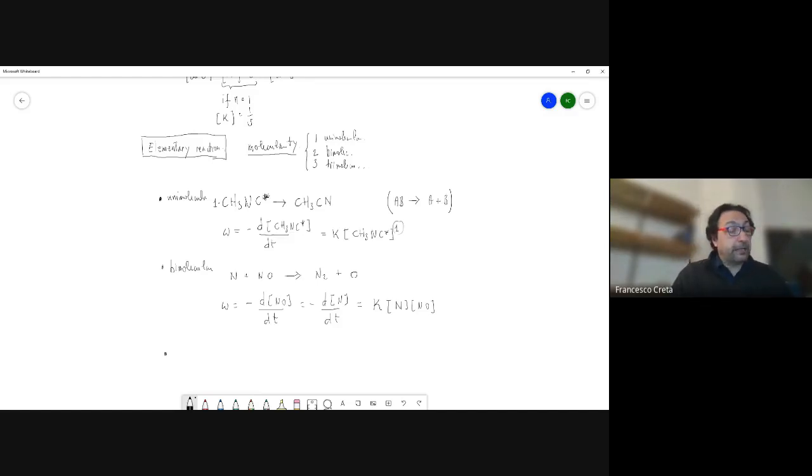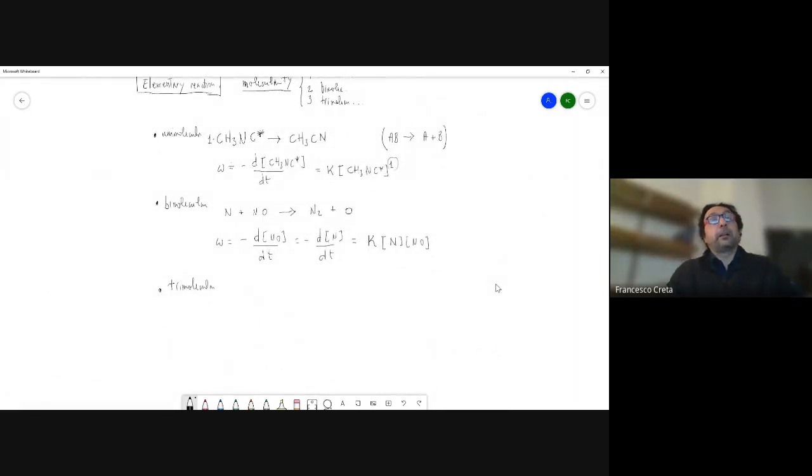A special case of trimolecular reaction. Well, these are a breed of their own in the sense that typically the trimolecular reactions involve what we call the third body.